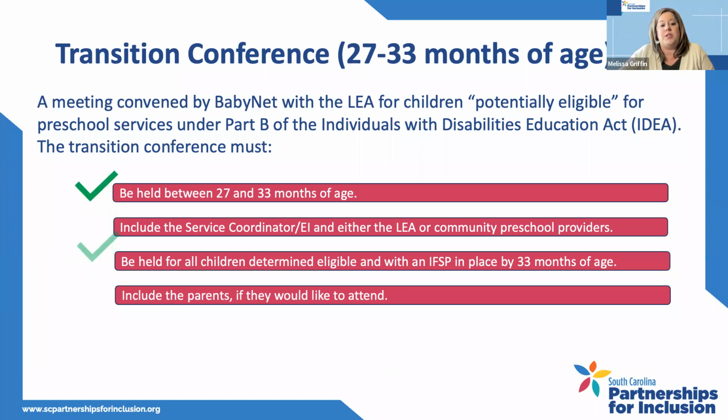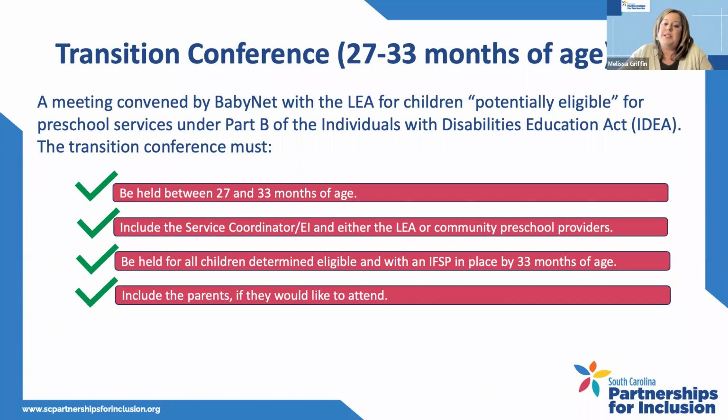It includes the service coordinator or EI and either the LEA or community preschool providers. It's to be held for all children determined eligible with an IFSP in place by 33 months of age. And parents are invited and encouraged to attend, but it is not required.